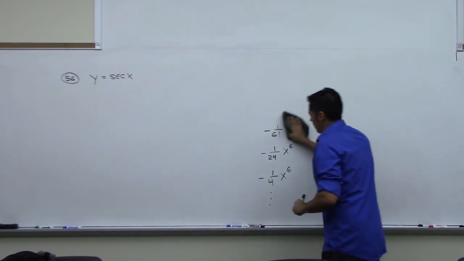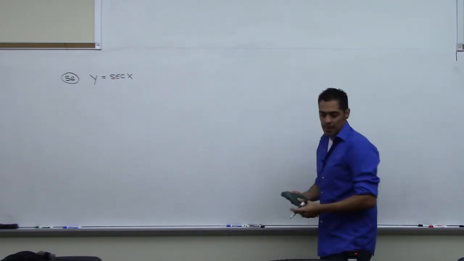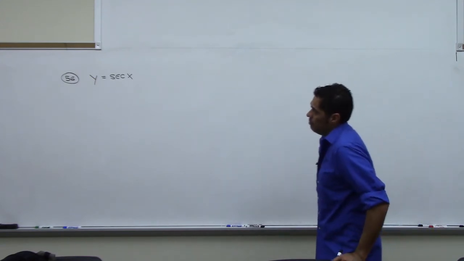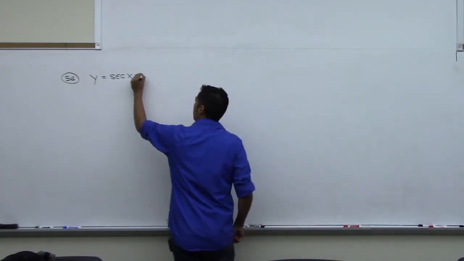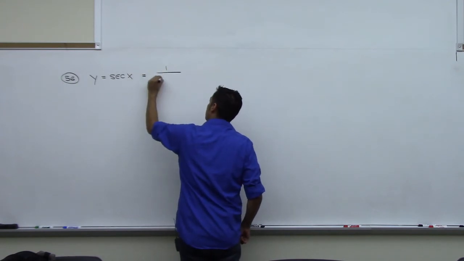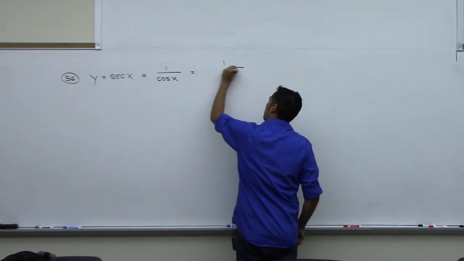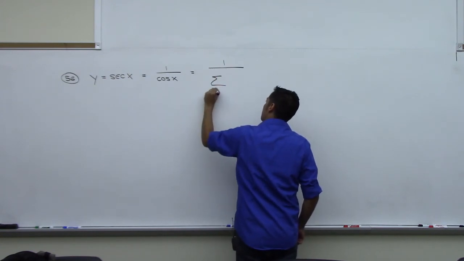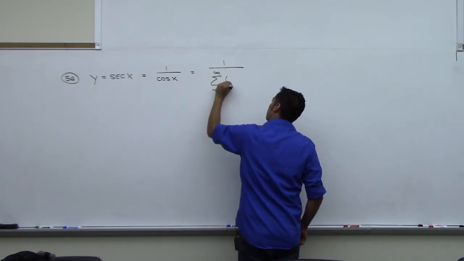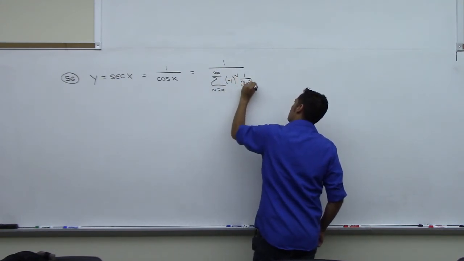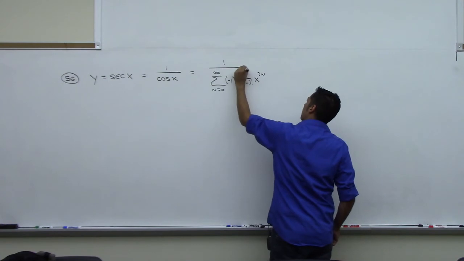It's just secant x, so you kind of think no big deal, but we don't have a Maclaurin series for secant x. What we do have is a Maclaurin series for cosine x, and remember secant x is 1 over cosine x. So this is really just 1 divided by this infinite series, n equals 0 to infinity, negative 1 to the n times 1 over 2n factorial, x to the 2n, all right?